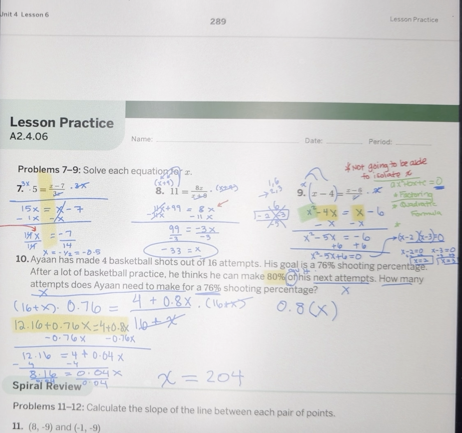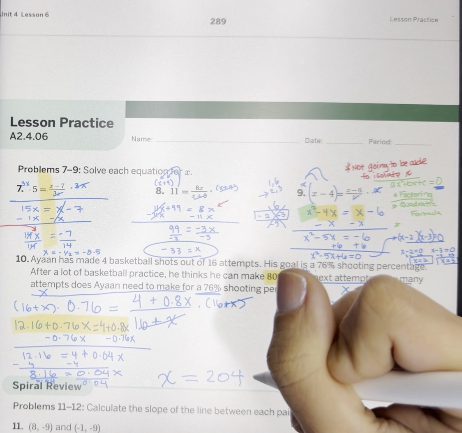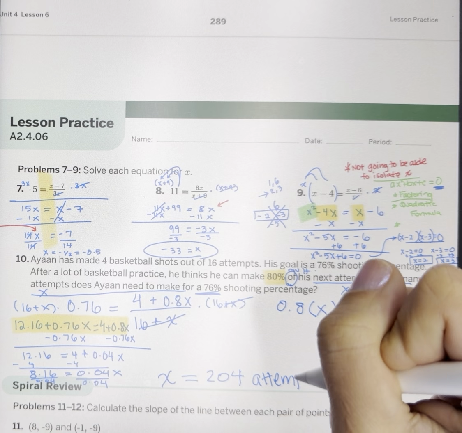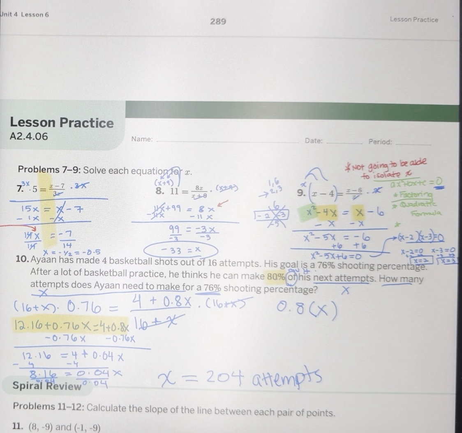Ayan has to make 204 attempts, make 80% of them to raise his crappy start from a 25% to a 76%. It's not easy to raise a percentage.